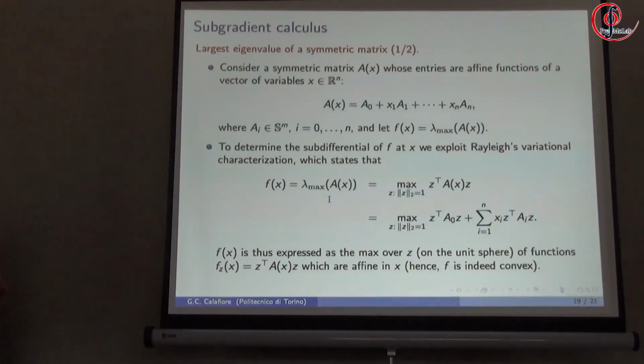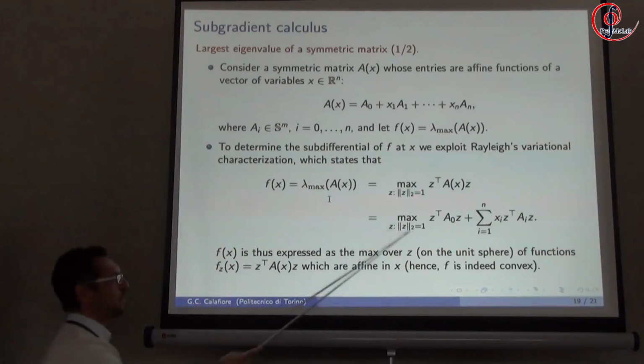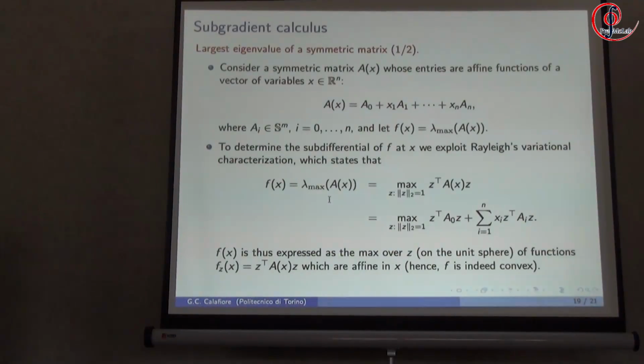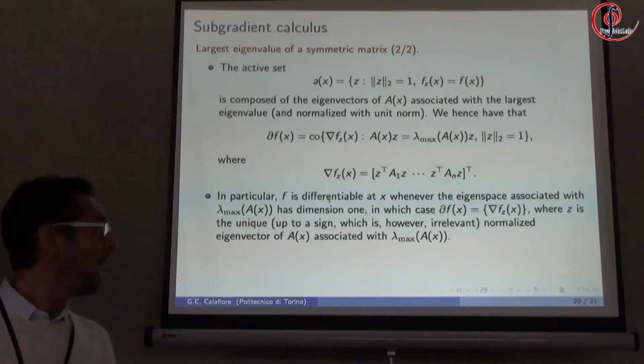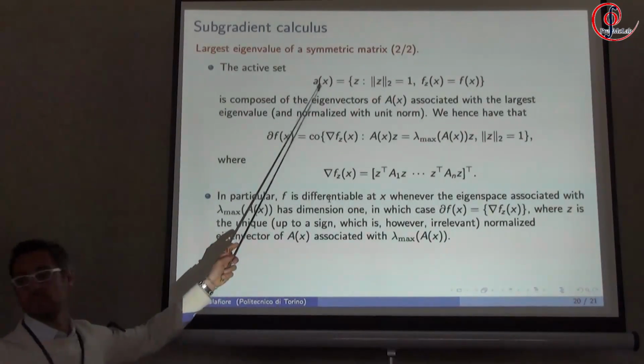The second conclusion is that by this pointwise maximum representation, we can compute a subgradient of the function. So what we have to do is to take this representation here and look at the active set.